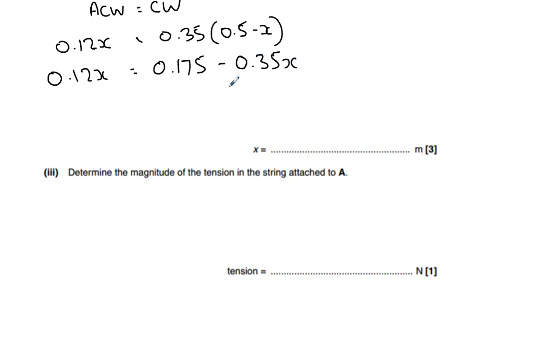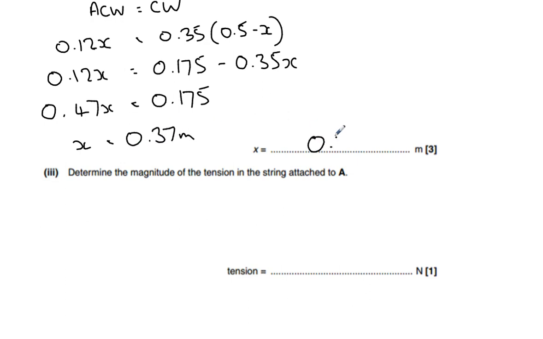If we bring this x term over, it's going to go from minus 0.35x to plus 0.35x. We can add that to 0.12x because they're the same terms, so that will be 0.47x. That will be equal to 0.175. And then you just solve for x, which is just going to be 0.175 divided by 0.47. Okay, and you get 0.37 meters.